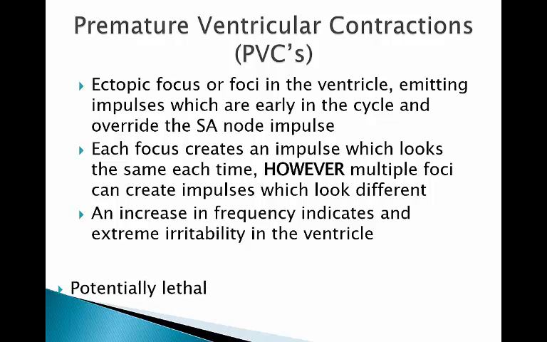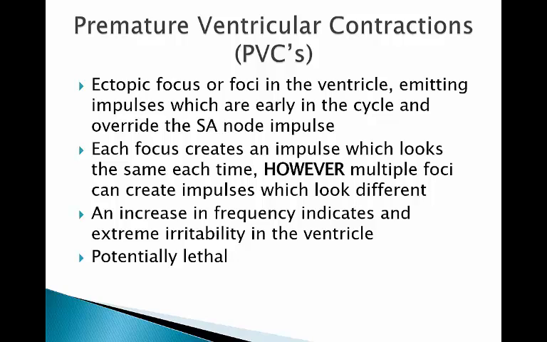So there you go. If you get enough of them in a row, they can be lethal because they do not always produce a pulse. Now, if they produce a pulse, then you do have cardiac output and life is pretty okay. If they produce a pulse, then you're maintaining your cardiac output and the patient is usually okay. Now, we still need to treat them, mind you, but it's not as deadly as if they are not producing cardiac output.